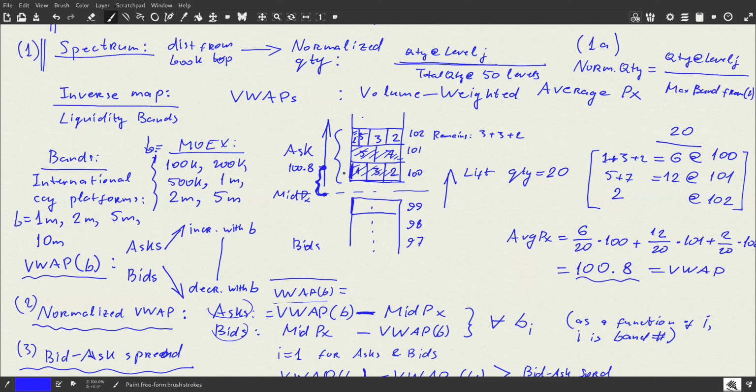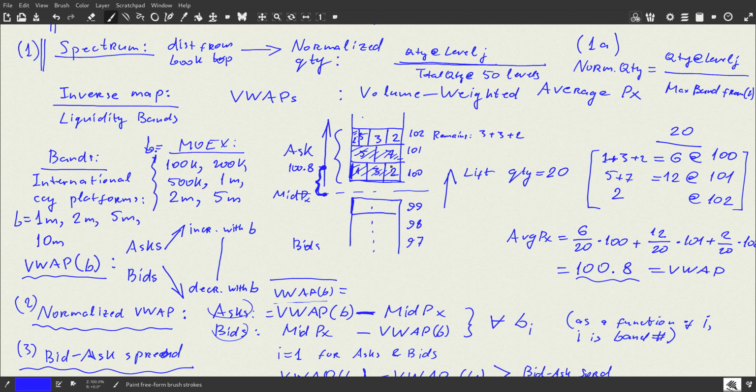Because bands are precisely those cumulative quantities. So for example, in this very simple example, let's say the band of 10 includes 6 units from the best price plus 4 units in 101.